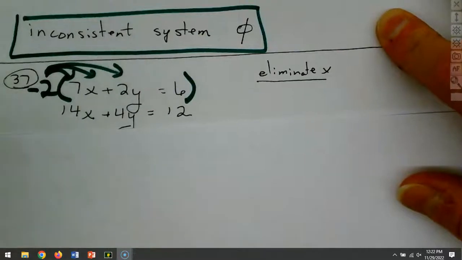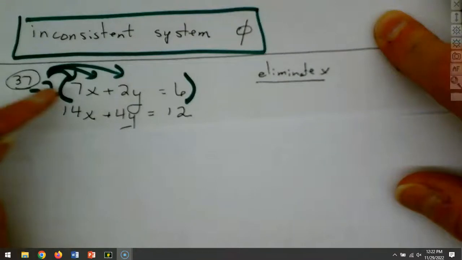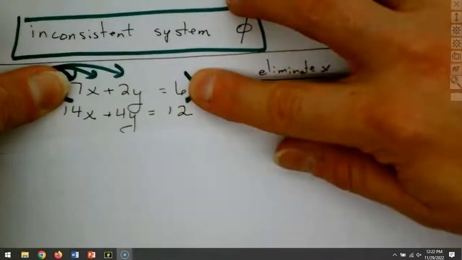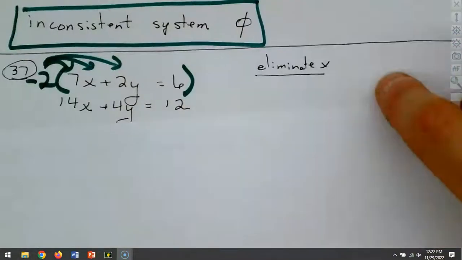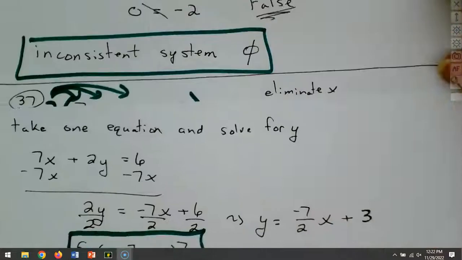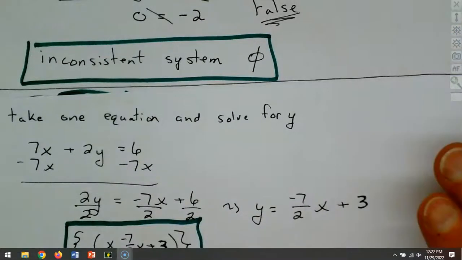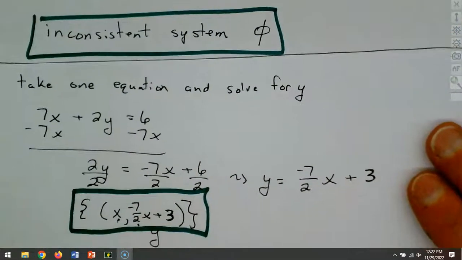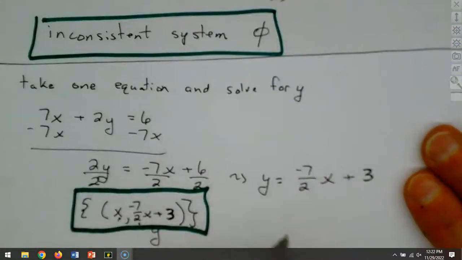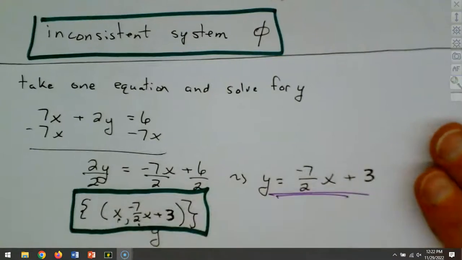It doesn't matter which one. So I need to get it in basically slope-intercept form. So I said, okay, let's take this first equation right here and solve that for y. I moved the 7x over, and then I divided by my 2 and reduced it down, and I got to here.